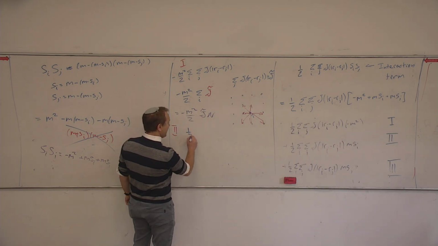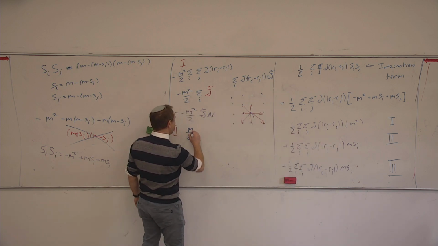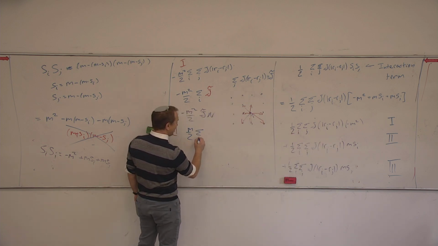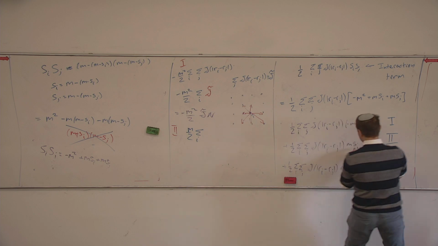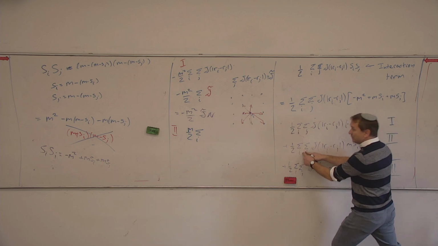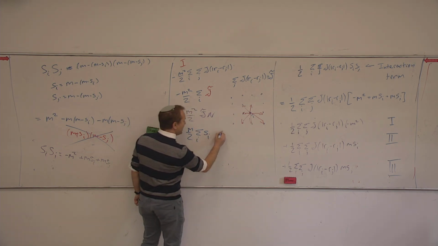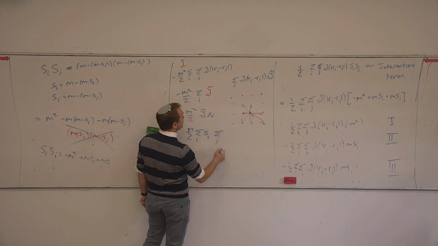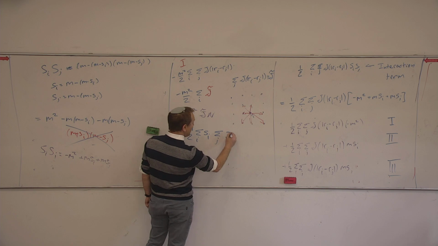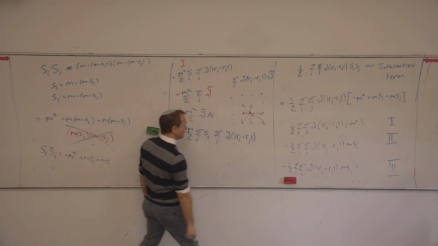Okay, so it's 1/2. I'm taking m out of the double summation, so I have m. I have a sum over i. I'm taking this s_i out of this first sum, so I have s_i, a summation over j of J|r_i - r_j|.